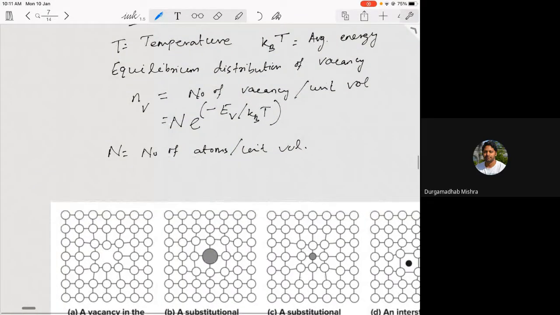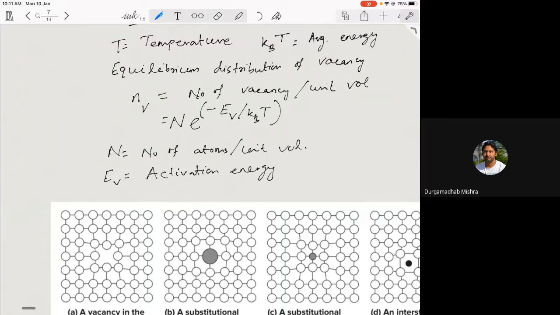EV is nothing but the activation energy, the energy required to create that vacancy. So you need a certain energy, this EV, which will most likely be greater than the bonding energy, because when the atom is getting displaced, you need to break the bond. So this would be higher than the bonding energy.